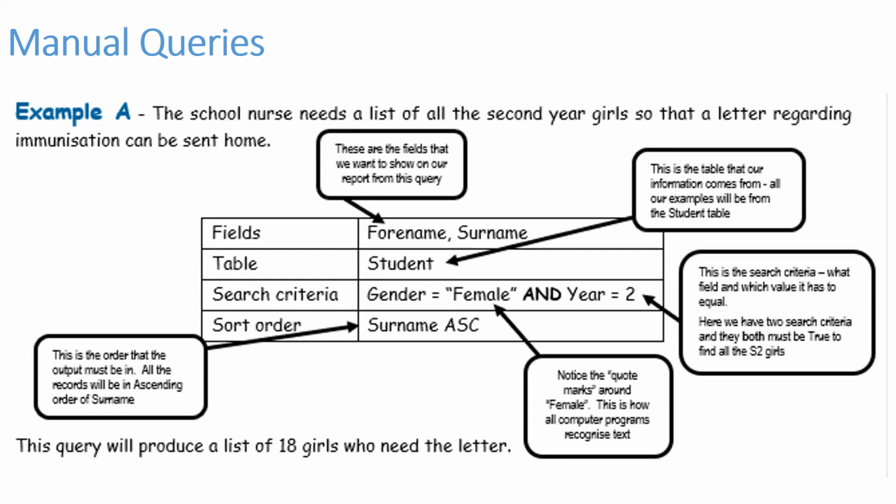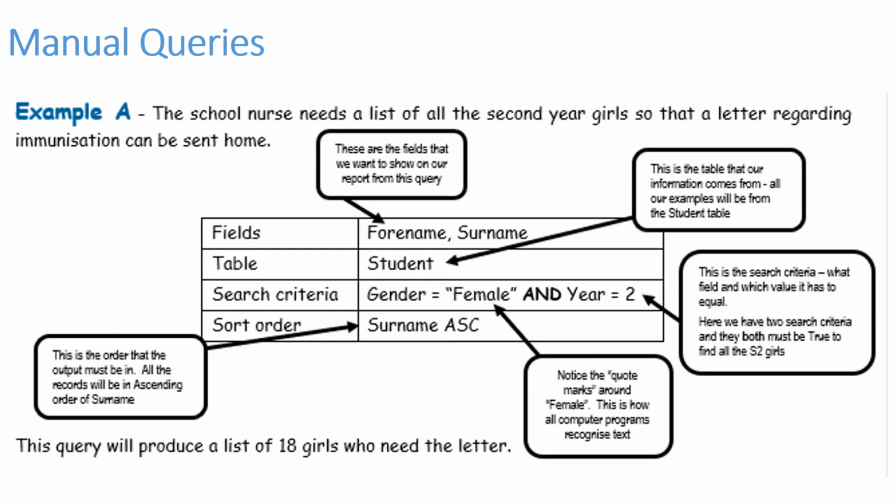Sort order then, think back to last lesson where you can either have ascending or descending. We're wanting to sort these records that we've pulled out in order of surname, starting with alphabetical first. So that's why we've done ASC, short for ascending. When we're writing our manual queries, we don't have to write the full word, we just write ASC.